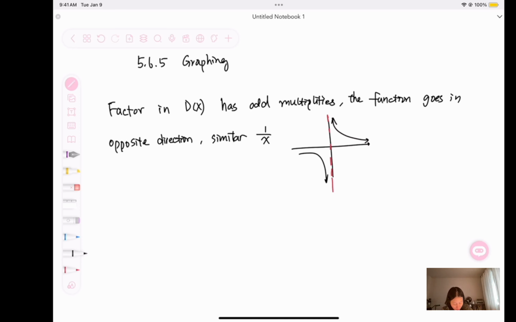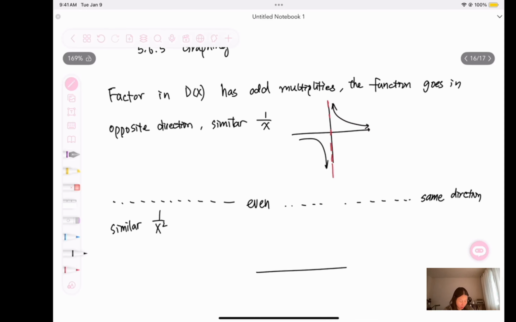On the other hand, if the factor in the denominator has even multiplicity, the function goes in the same direction, which means the branches are adjacent to each other. This is similar to 1 over x squared, the reciprocal square function.